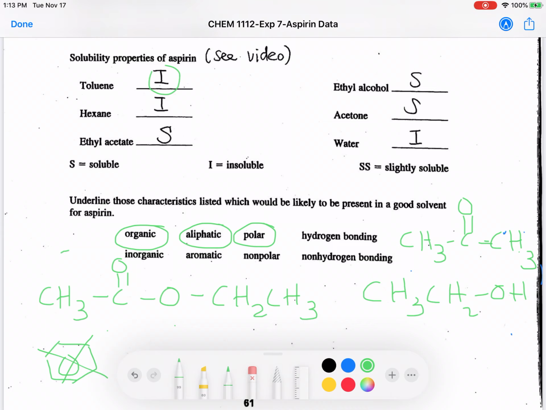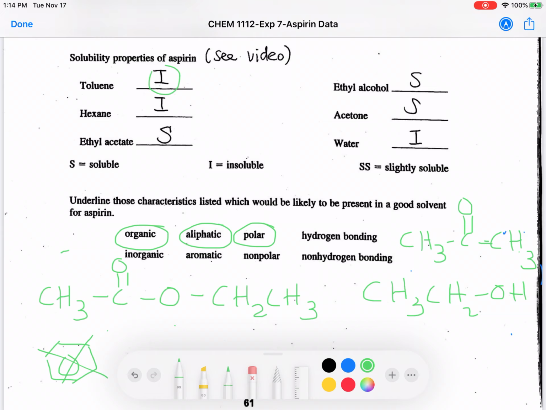Hydrogen bonding, non-hydrogen bonding. Let's look at the structure of aspirin. Aspirin has an alcohol OH group. So it's soluble in acetone. Acetone is non-hydrogen bonding, and ethyl alcohol can form hydrogen bonding.